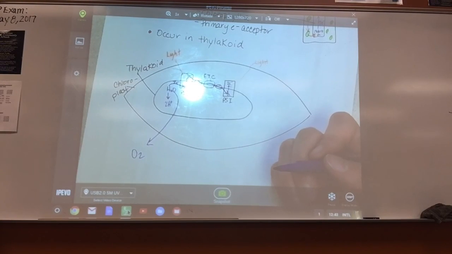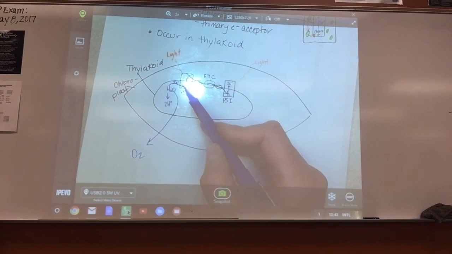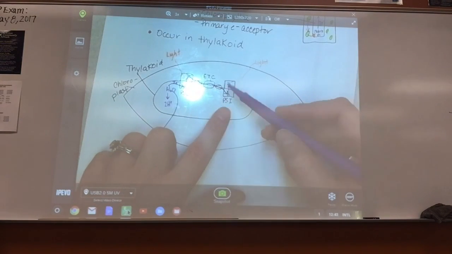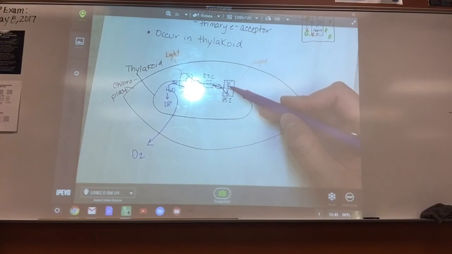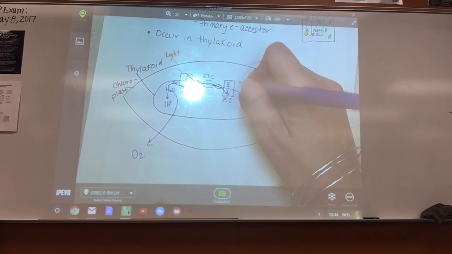Why is that important? Because we want these H pluses to diffuse through a different molecule. What is it? ATP synthase. So this is ATP synthase here. H pluses will diffuse from high to low concentration.